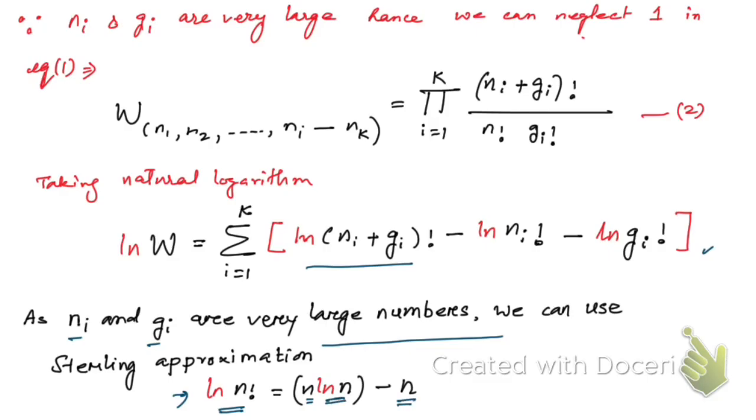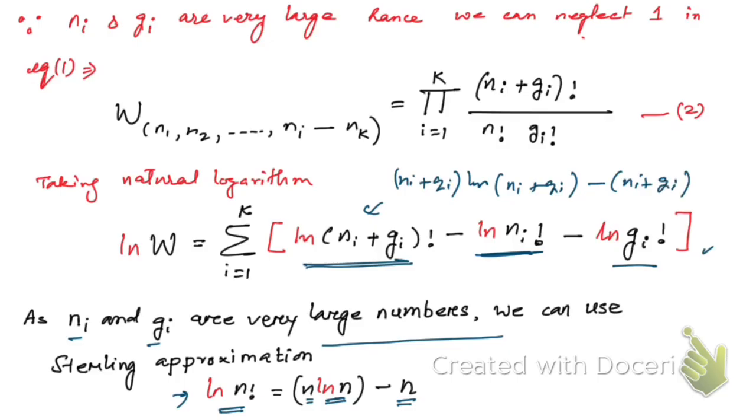If we use that here, we get ni plus gi times ln of ni plus gi, minus ni plus gi.